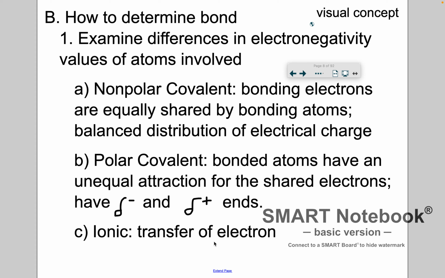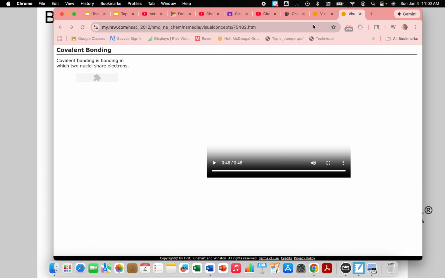And so you get slightly charged ends. One end will be slightly negative, and this is supposed to be a little Greek letter delta. You'll see it on the next slide here, and then positive. And then ionic is the total transfer of the electron, and it's the bond between 2 ions, right? One that's positive and one that is negative.